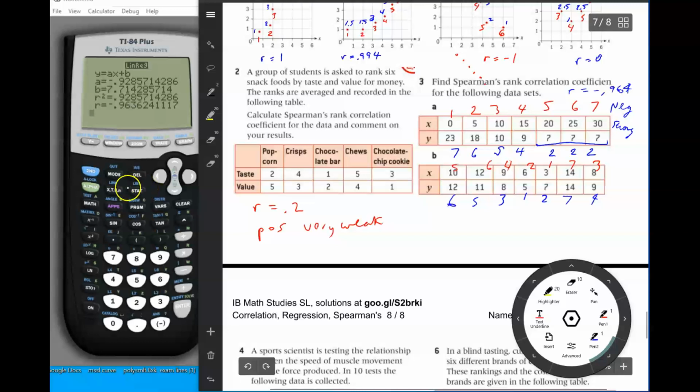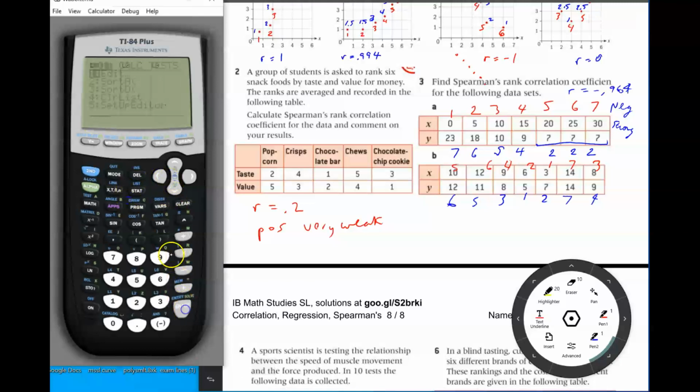And then we'll just go to stat edit and input this data again. And just to show you how to clear this data, you just go up there and you press clear. And then you hit enter, or you go down. So it's pretty easy to clear the data, just don't delete the list. Okay, and then I'm going to do the data input offline so I don't bore you.